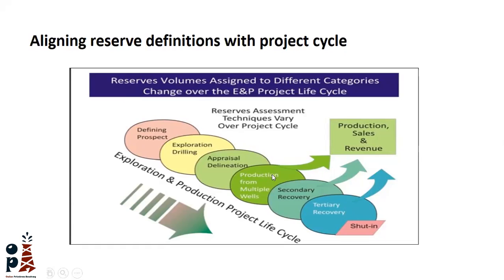Then when production comes and you apply secondary or tertiary recovery, you add more reserve. Then your booked reserve will be increased until you reach the abandonment phase. So in every stage, you revise your reserve. And it is an important process to be made.